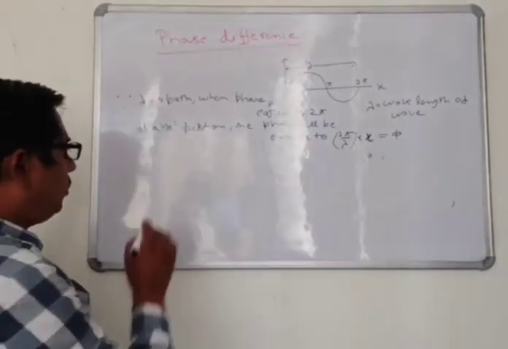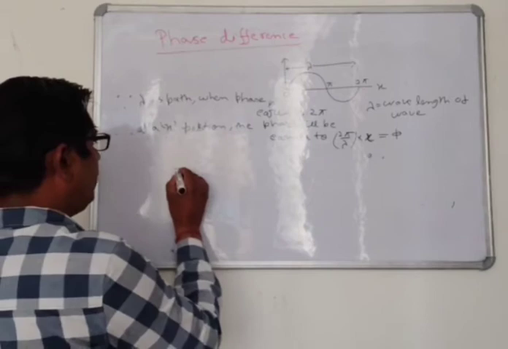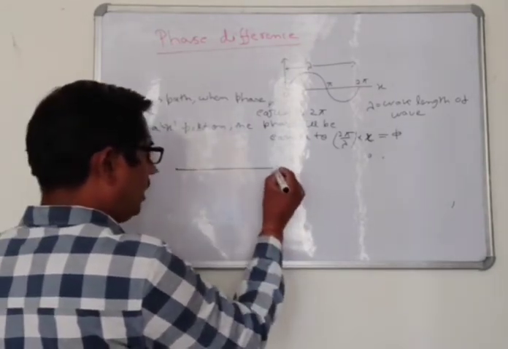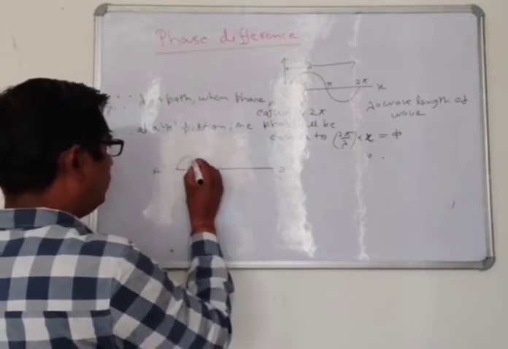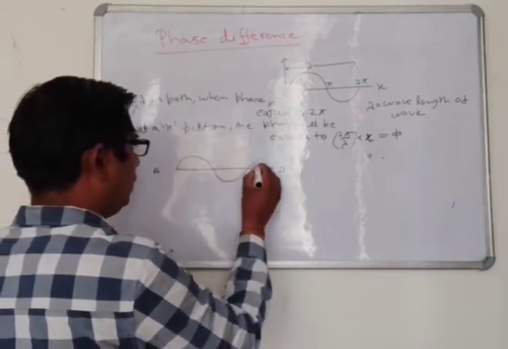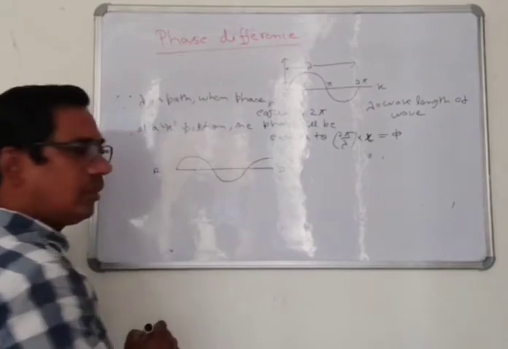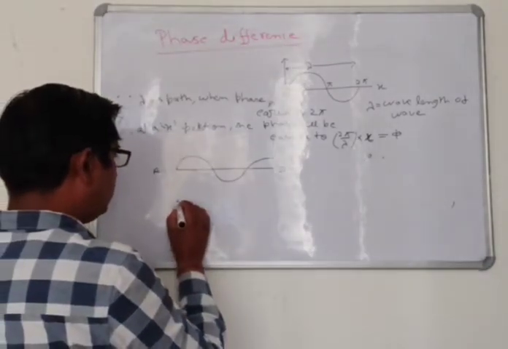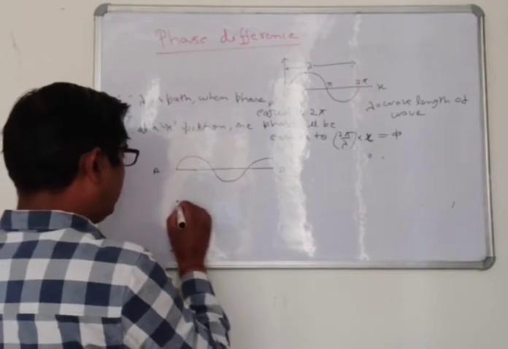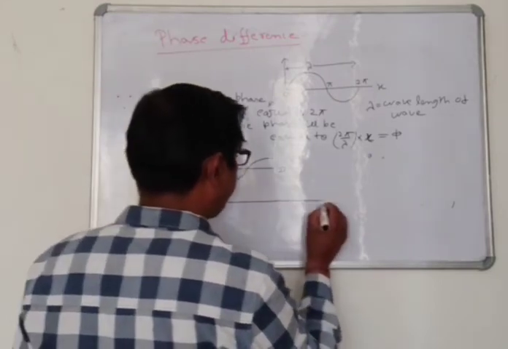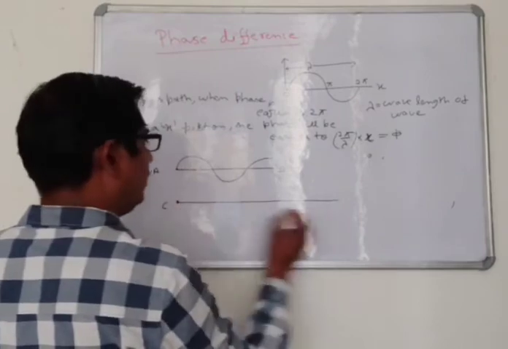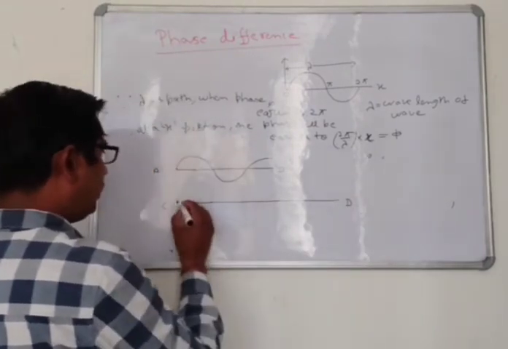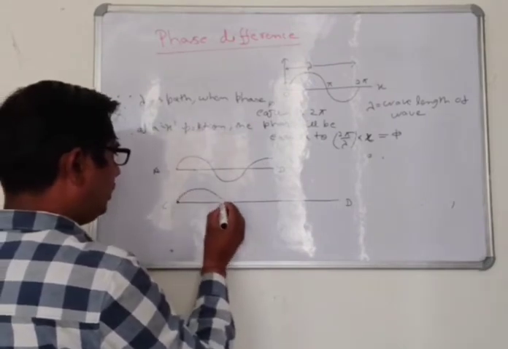Okay. Suppose object 1 is traveling in a straight line like in the previous case, but here I will consider the periodic motion also, like that. And another object 2 will also travel a distance CD like in the previous case. Here also we will consider the periodic motion.